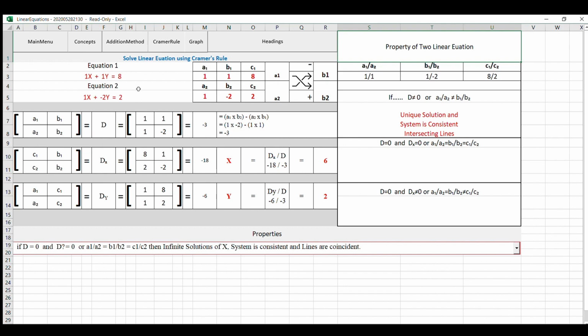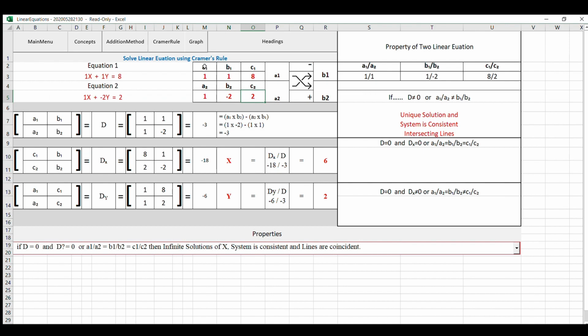What you do is you write your first equation. Look at line number 3, which in this case is 1x plus 1y is equal to 8. So a1 is equal to 1, b1 is equal to 1, and c1 is equal to 8. Same way, you have equation 2, 1x plus minus 2y is equal to 2. So you have written 1, minus 2, and 2.